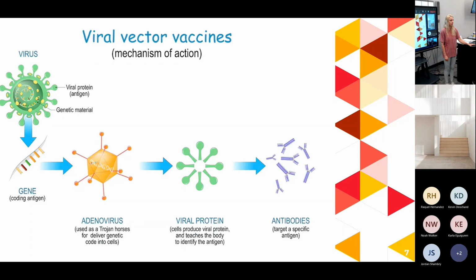You go through gene coding, and that gene coding is then transferred to the adenovirus, which is used as a Trojan horse to deliver genetic code into cells. That then transfers over to the viral protein, which is the cell's production of the viral protein. That teaches the body to identify the antigen. And then that transfers over to antibodies, which target a specific antigen.